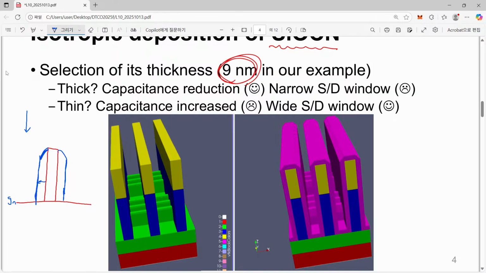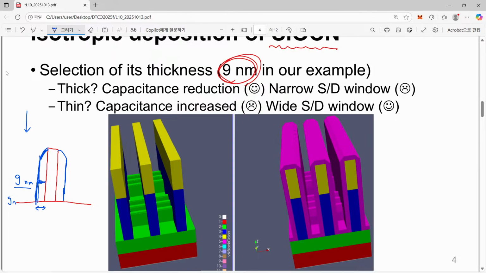Yes. And what is the lateral size of this remaining sidewall? Of course, this corresponds to 9 nanometer, because we made isotropic deposition, so we have grown along this vertical direction 9 nanometer, and it is still there.